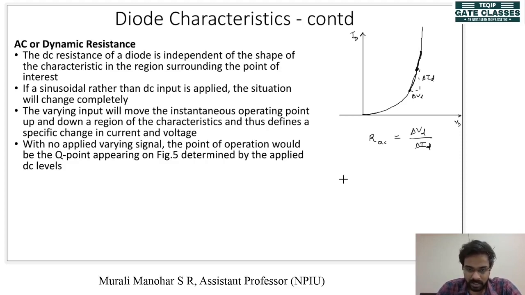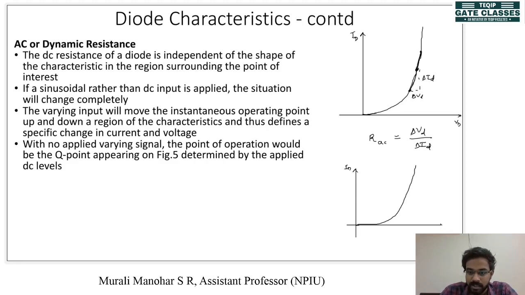Then again, we can find out another resistance on this characteristic. That corresponds to the operating range of this diode. We have ID here and VD here. When we apply an AC voltage, there is a change in voltage of some amount, and correspondingly there is a change in current of some amount.